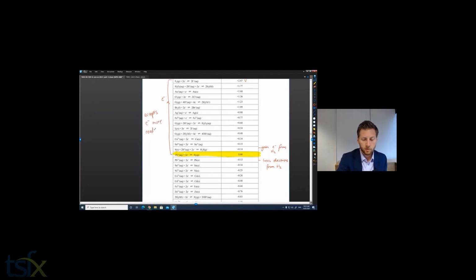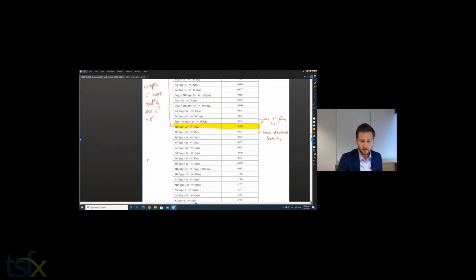It accepts electrons well from hydrogen, and that's why it's got a positive E naught value. Whereas anything below, down here, doesn't accept electrons as readily, meaning it loses electrons to hydrogen, and so therefore it's a negative E naught value.